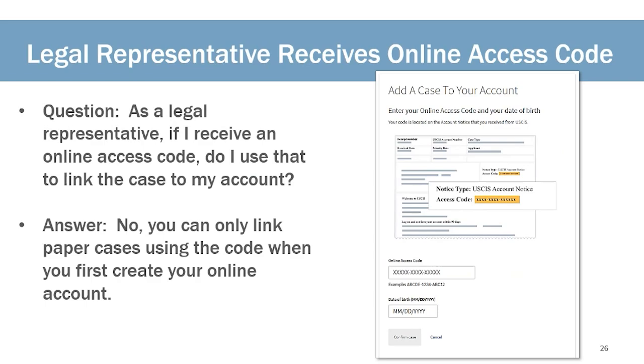That's why when you try to link it with the online access code using your email address, it's associated with another account. You'd have to create a brand new account with a different email address to be able to access that case online. So we put in a big fix in August.